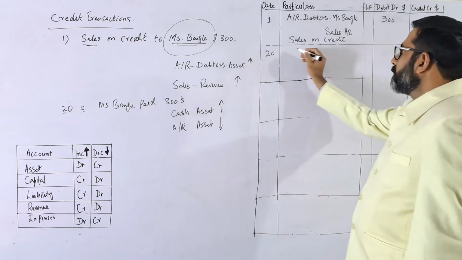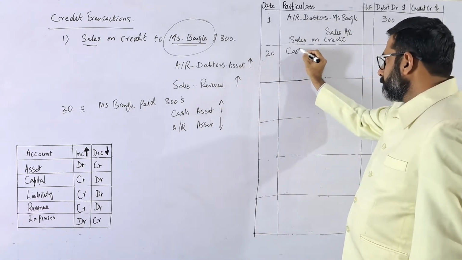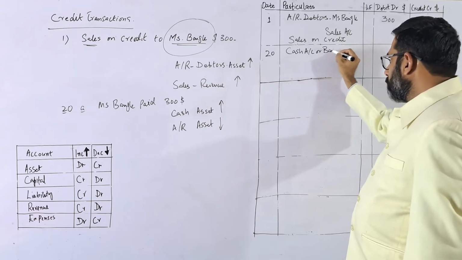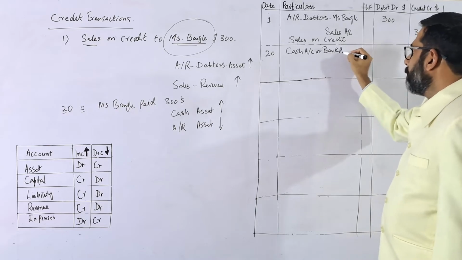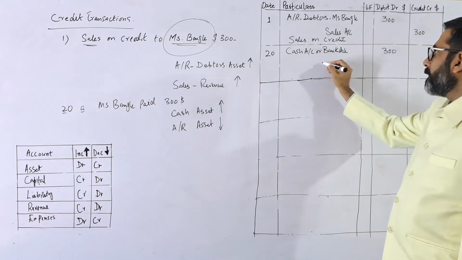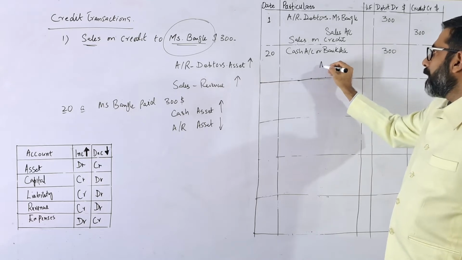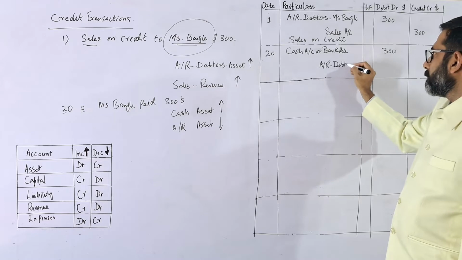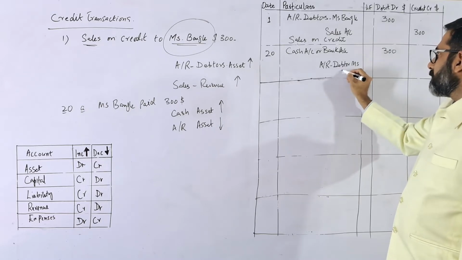So the simple transaction we can write here is the cash account, or the amount we have received in the bank account, so that will be debit 300, and then we have the accounts receivable, that is the debtor, that is Messrs.